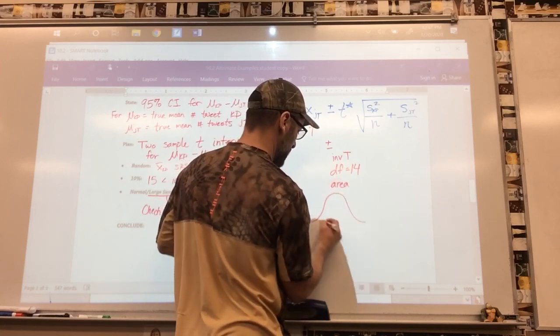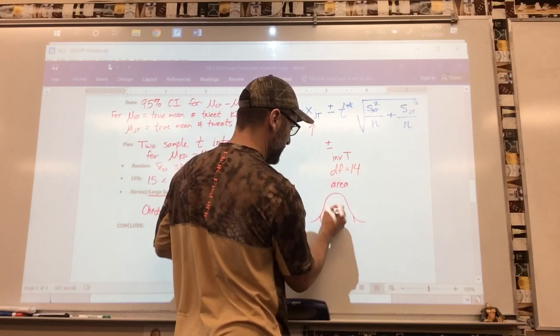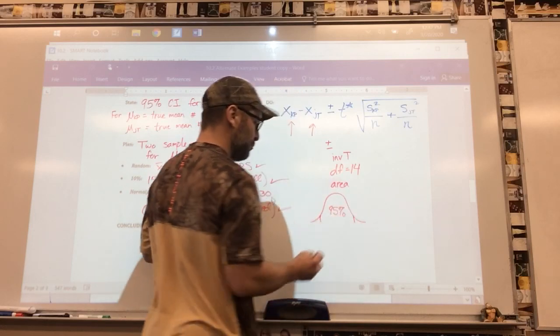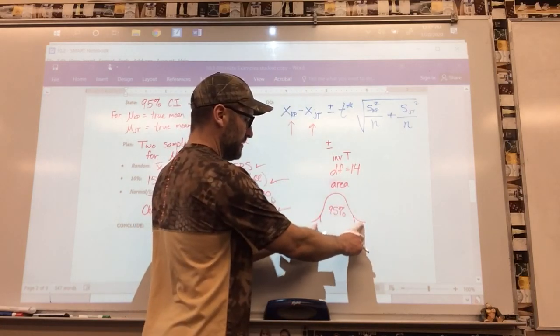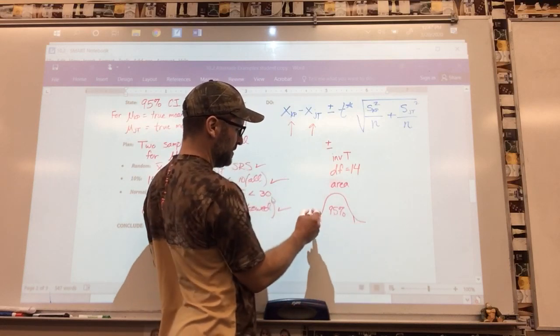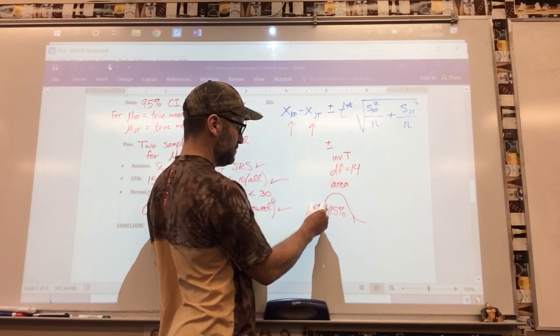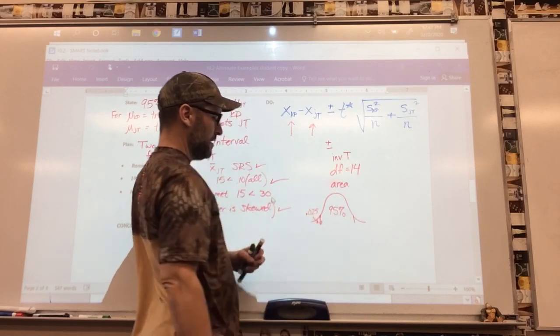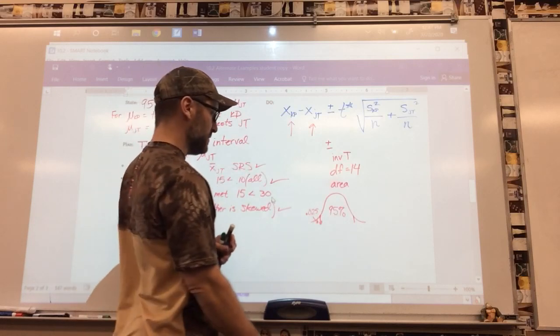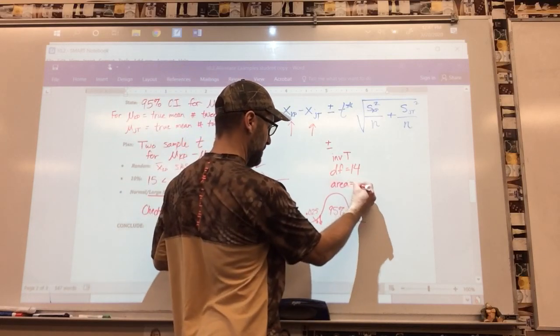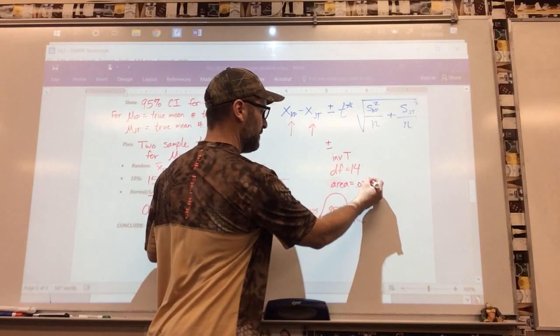Well, a 95% confidence interval puts me 5% out on the sum of both of those tails. 5% divided by 2 is 0.025. That's what's going to go in there, and that will give me that critical value. So for the area, I'm going to plug in 0.025.